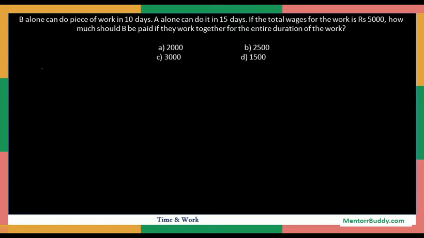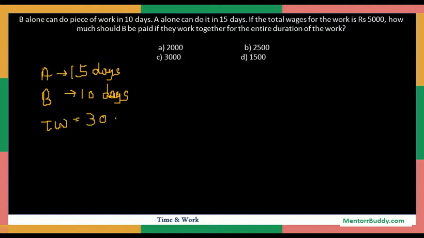Now solving this question, coming to the question, it says A finishes the task in 15 days, B finishes the same task in 10 days. Now the very first thing, I'm going to consider the total work to be 30 units. Why 30 units? Because it is divisible by both 15 and 10.